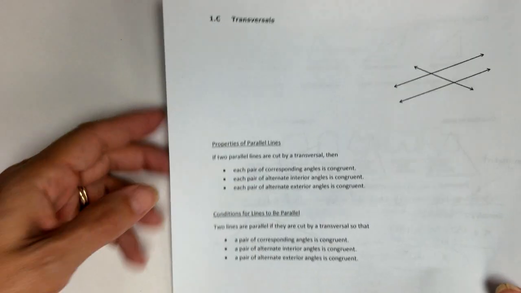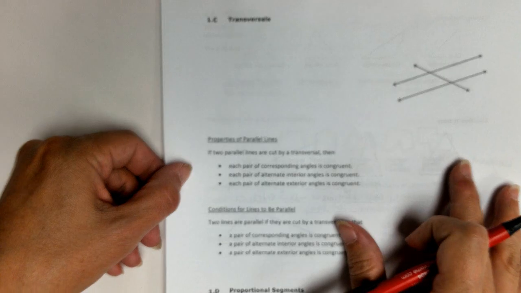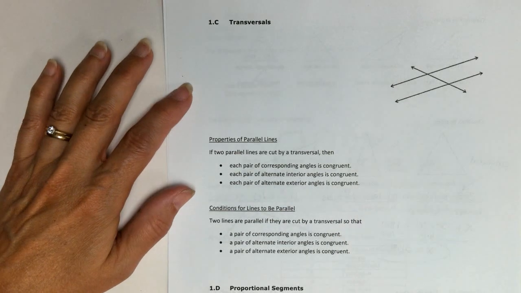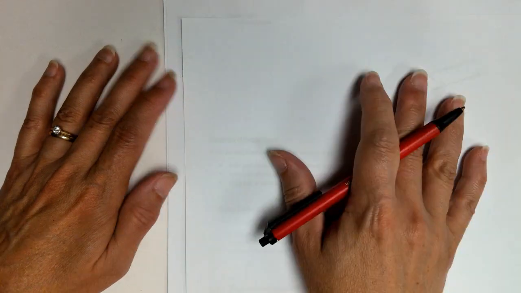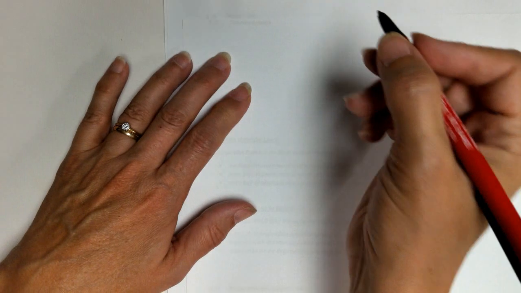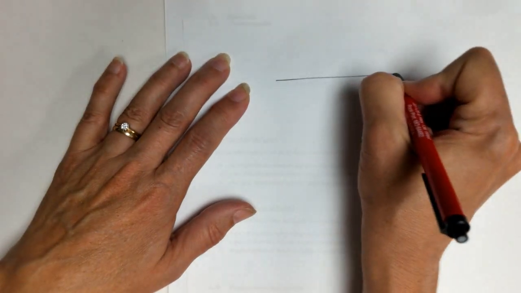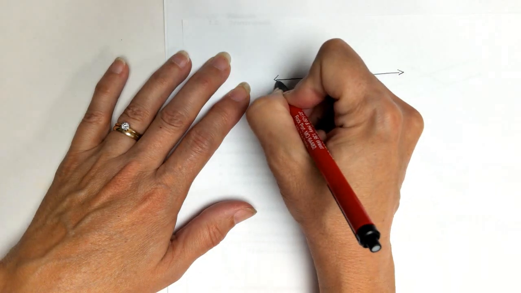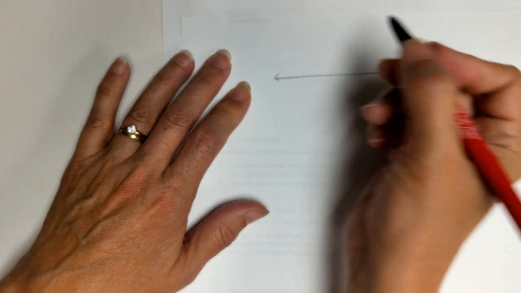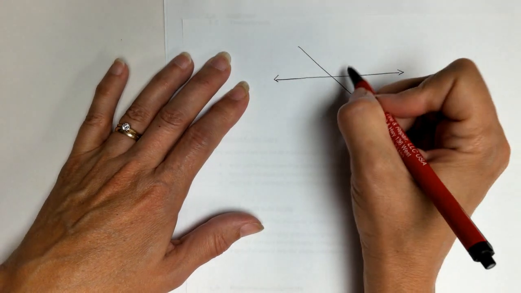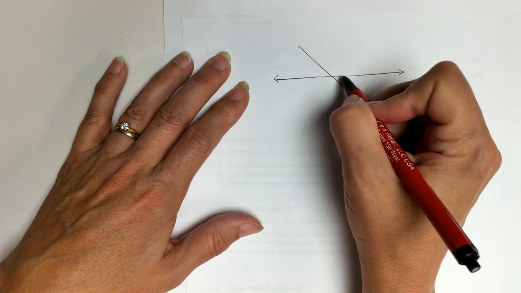Transversals. I just want to demonstrate something first. If I have a line, and then there's another line intersecting it, they make these different angles.